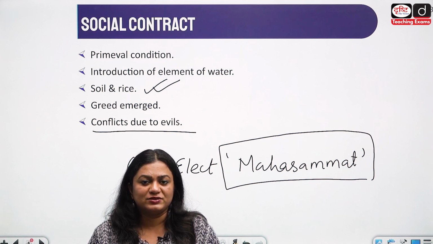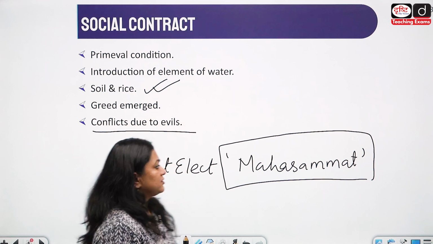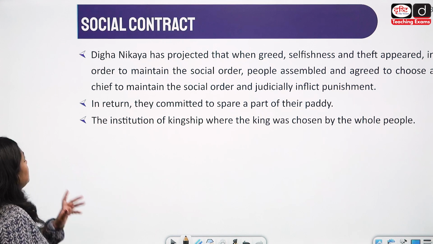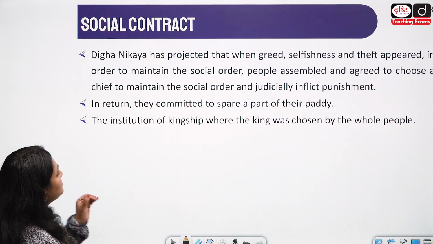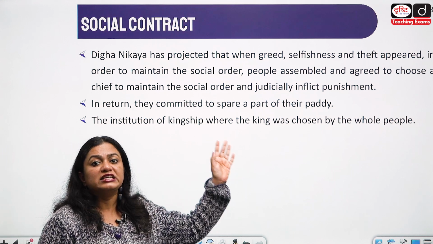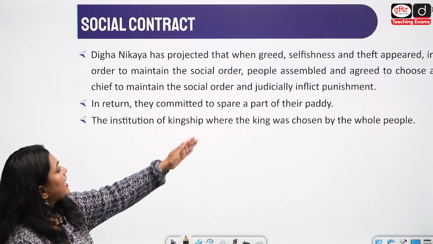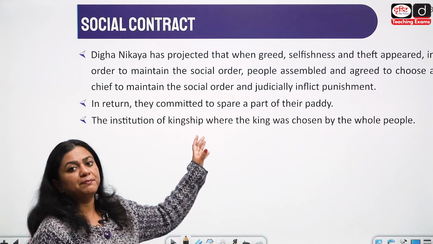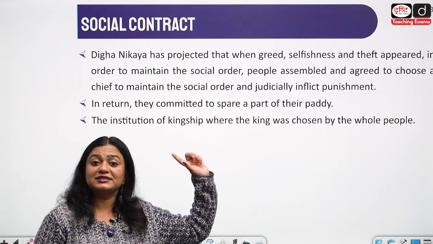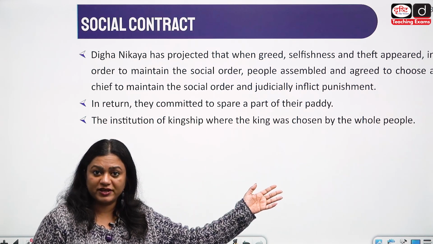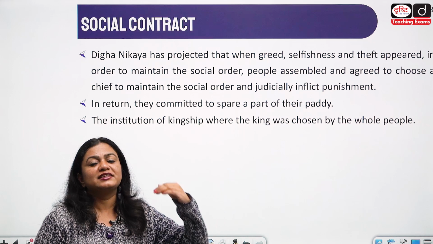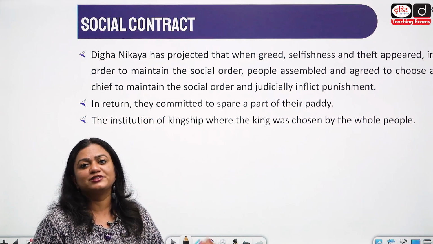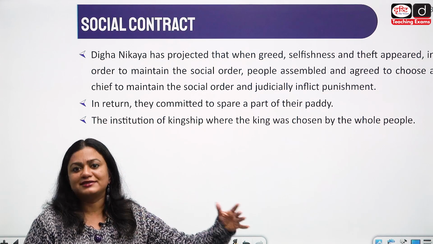And this led to the idea of the great elect or the Maha Samat. Here, the Digha Nikaya has projected that when greed, selfishness and theft appeared, in order to maintain the social order, people assembled. Here you can see that this is very similar to Leviathan, where they say that they submitted their natural rights to one person or to an assembly of men.